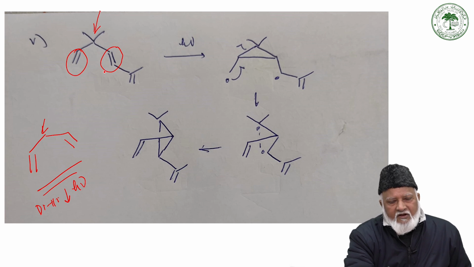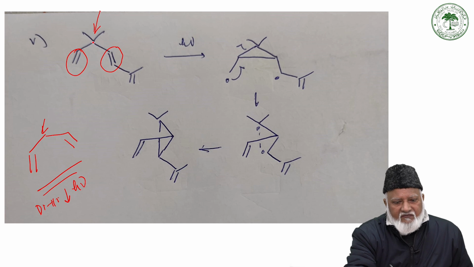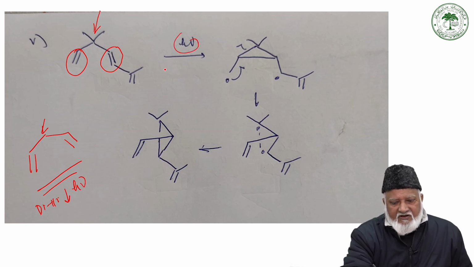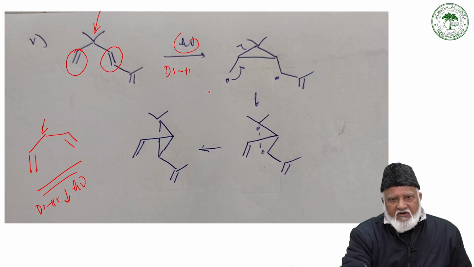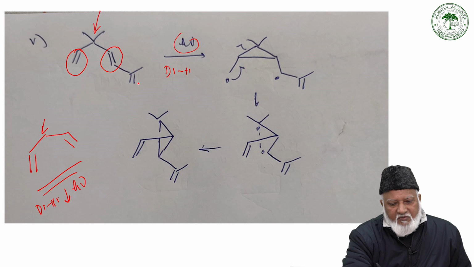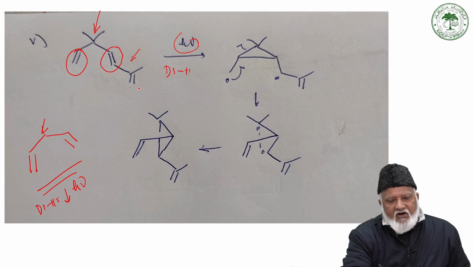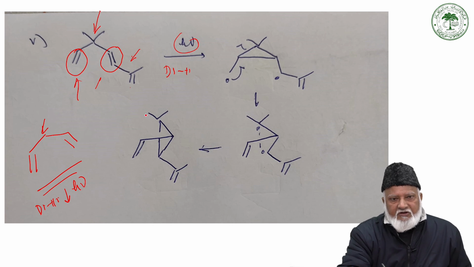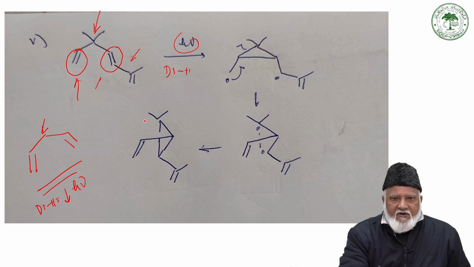These two double bonds with a methylene group may participate to give the derived product. If you consider one of these and another double bond, there is no methylene group in between, so that is not set for di-pi-methane rearrangement. Only these two double bonds, separated by a methylene group, are nicely set for it.